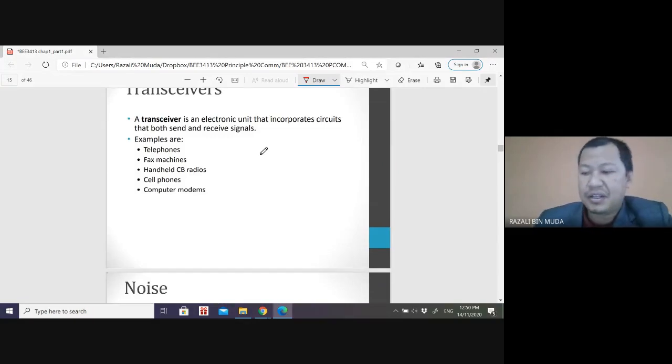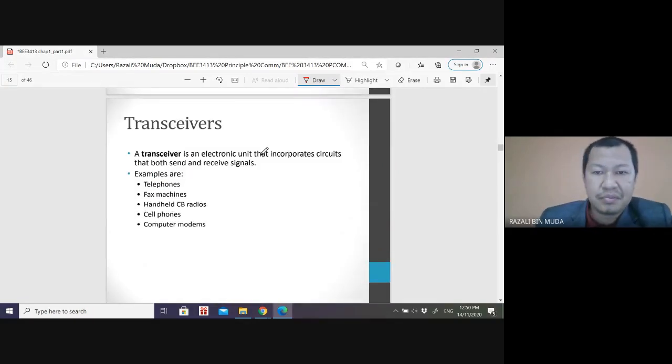There is another block which is called the transceiver. A transceiver is an electronic unit that incorporates circuits that both send and receive signals. From the name itself, you can see that it is a combination of transmitter and receiver.